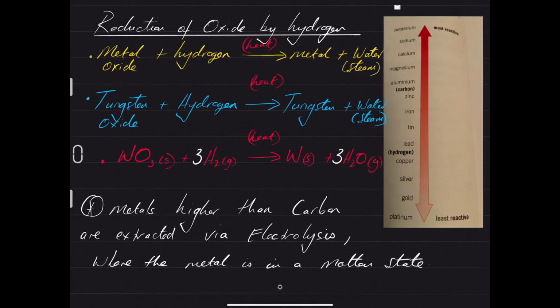And electrolysis is a standalone topic which we will be coming on to in the next few chapters. So here you should now be familiar with the reactivity series, the position of carbon and hydrogen in the reactivity series, and its relation to certain metals and their extraction.